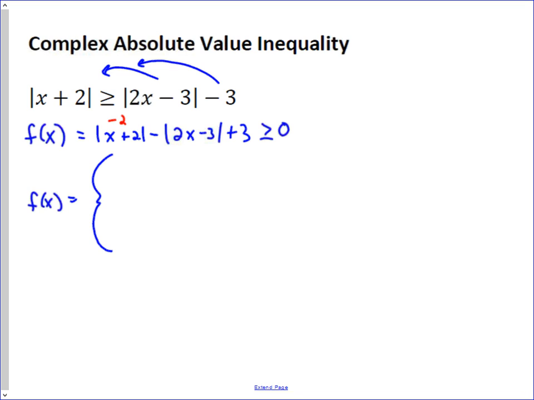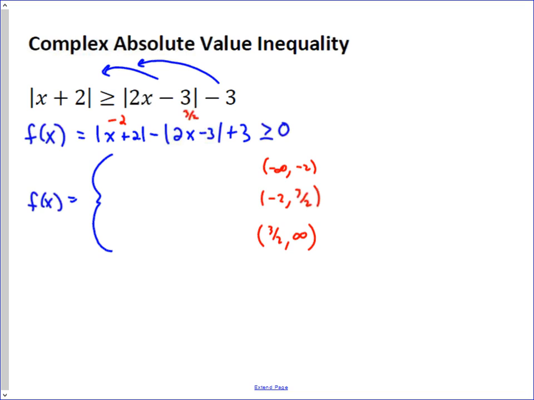This one is 0 when x is 3 halves. If you set 2x minus 3 equal to 0 and solve it, you get 3 halves. So our intervals for our piecewise are negative infinity to negative 2, negative 2 to 3 halves, and 3 halves to infinity. So these are the intervals that we are going to look at this function.